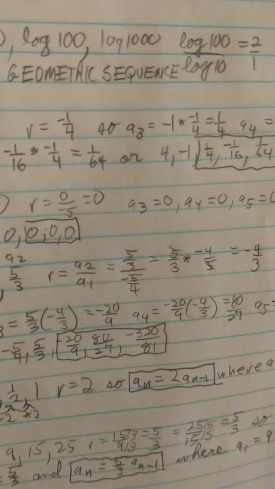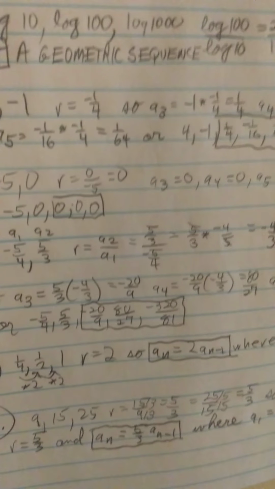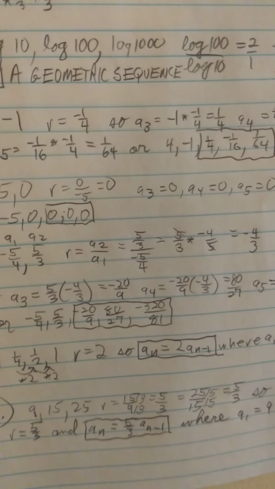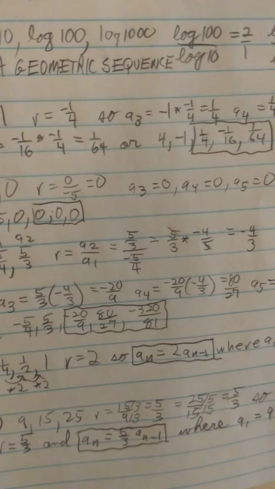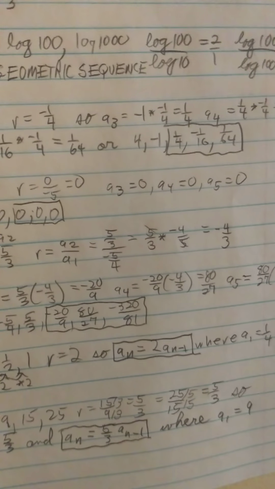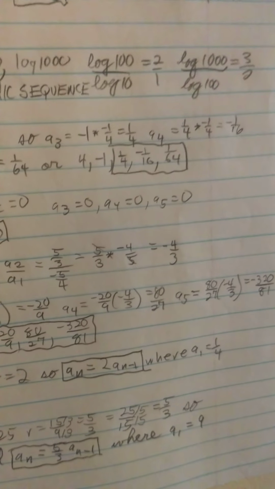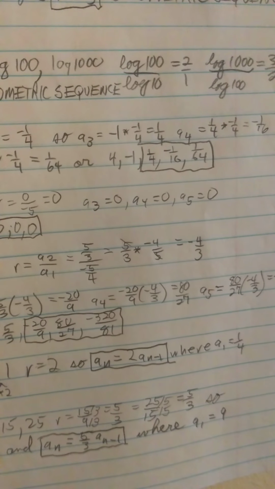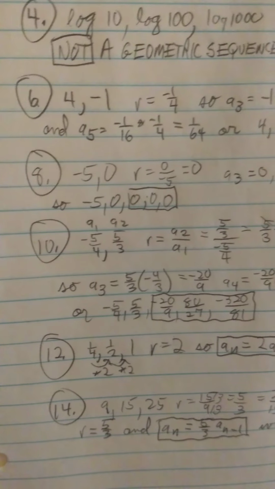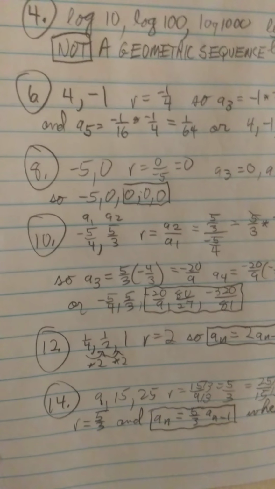If we divide the second term over the first, this is log 100 over log 10, which you can do on your calculator. Just log 100 is 2, and log of 10 is 1. So that gives me an r of 2 for the first two. But for the second two, I have log 1,000 over log 100, which is 3 over 2, which makes it not a constant r. So it's clearly not a geometric sequence.